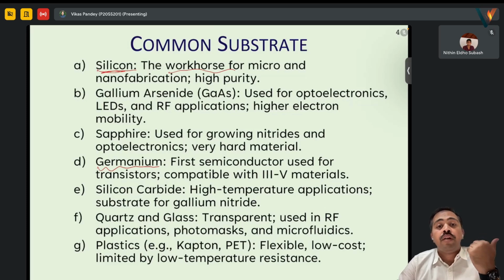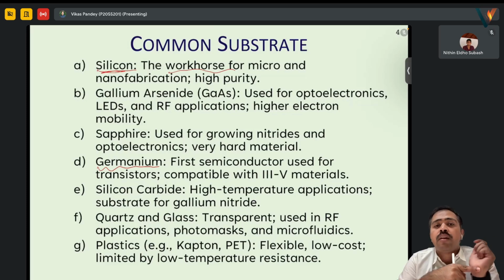But now a similar property has been found when we make compounds, mostly 3,5 compounds, like group 3 and group 5. When we make a compound out of it, we see that there are some compounds that actually behave like a semiconductor.